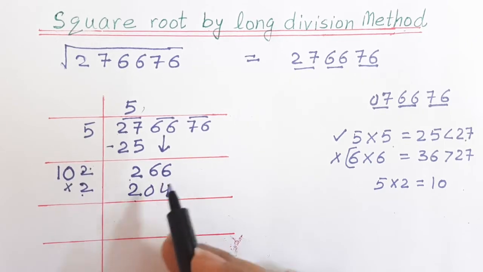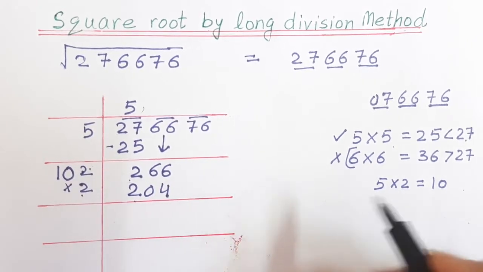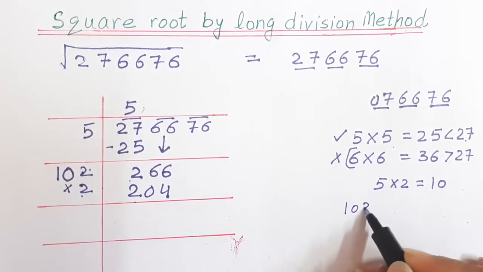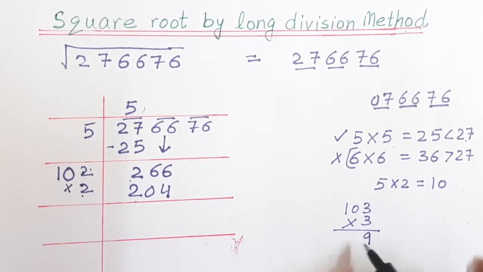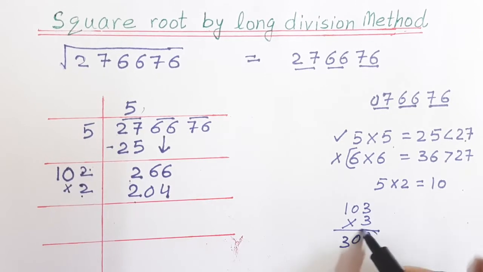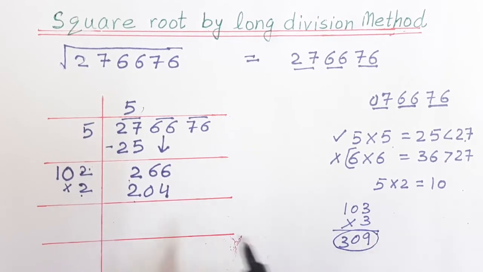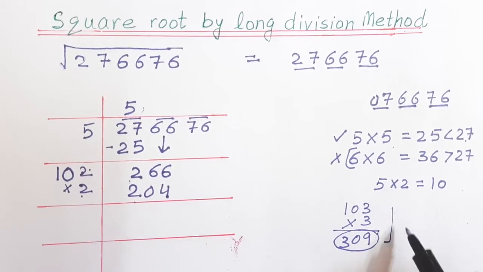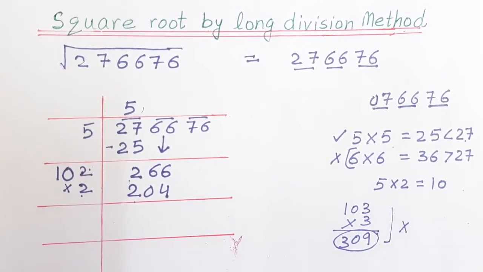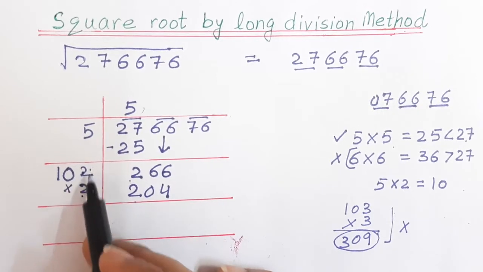Now you must be thinking why I have taken 2. I'll show you. If I take the number 3, 3 3s are 9, 0, 3. Now you can see 309 is greater than 266. So I will not consider this number. That's why I will take 2 here.